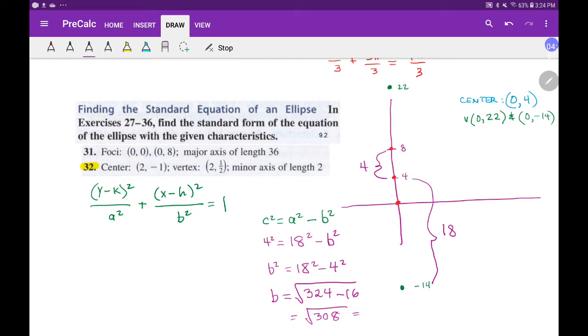Well, it's not even, but it's 17.55. So that's b.